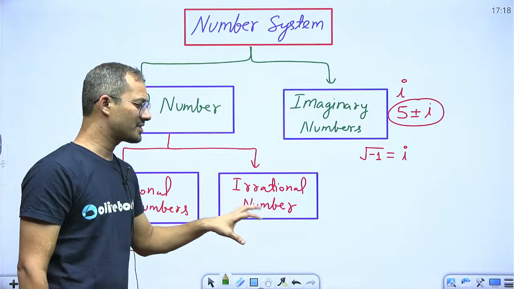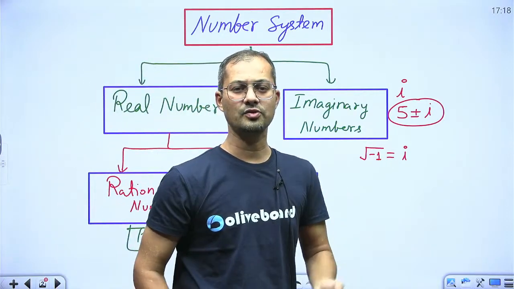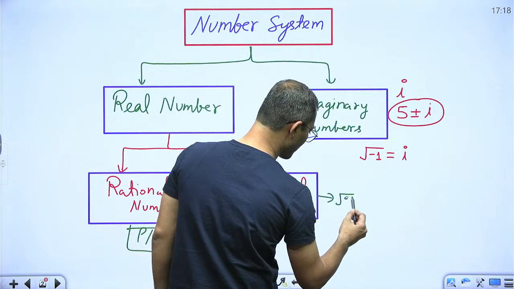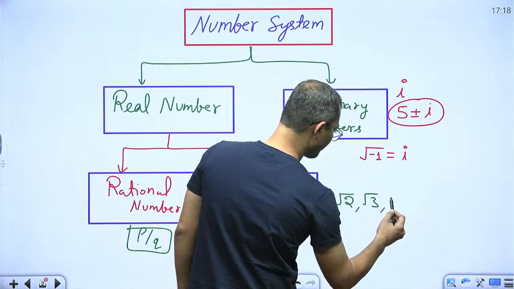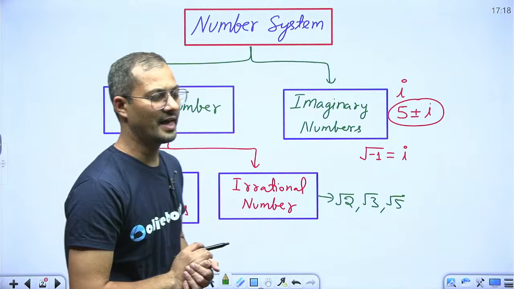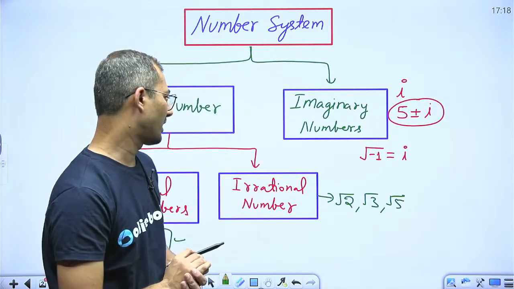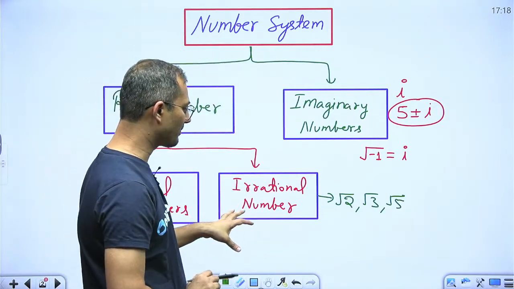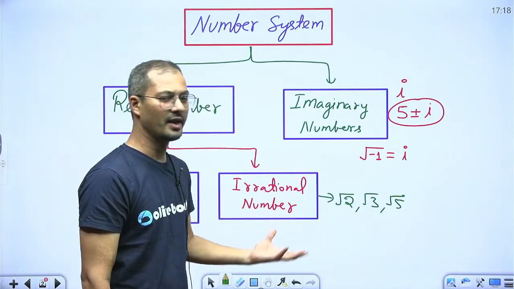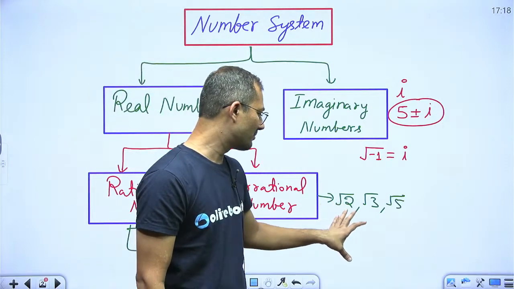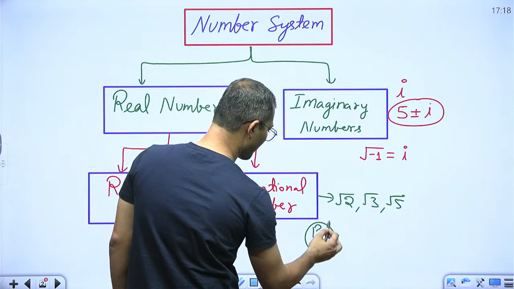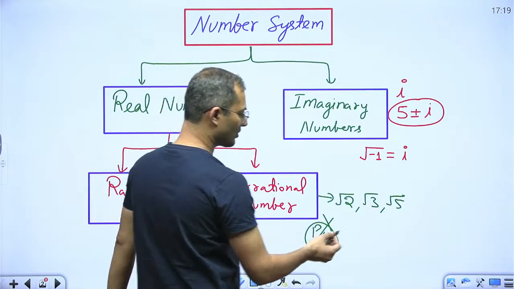And any number which cannot be written in the form of p by q is known as an irrational number. Generally we include root 2, root 3, root 5. These are irrational numbers, or we can say non-terminating decimal numbers are included in irrational numbers. Irrational numbers are the numbers which cannot be written in the p by q form.